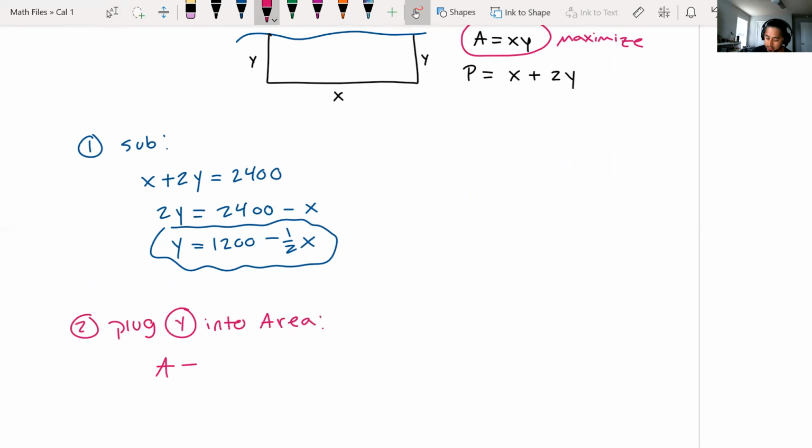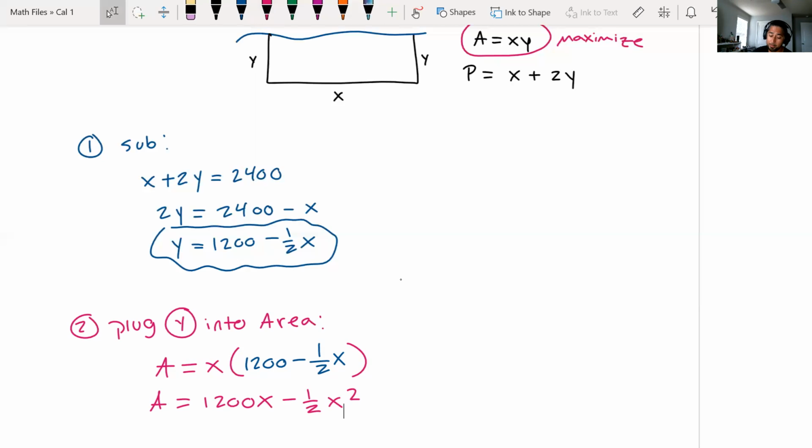So you'll get area equals x times our new y value of 1,200 minus 1/2 x. Go ahead and distribute the x, and we get 1,200x minus 1/2 x squared. There it is. There's the area equation. We now have it all in terms of one variable.